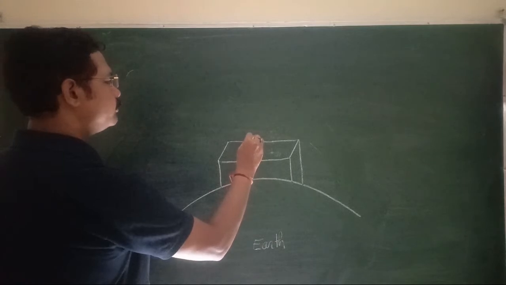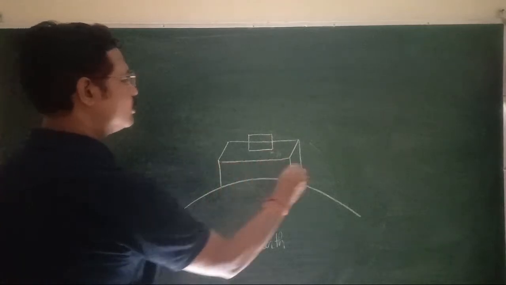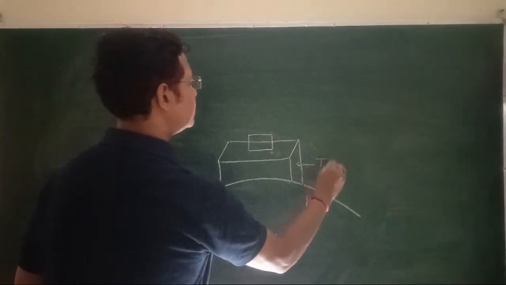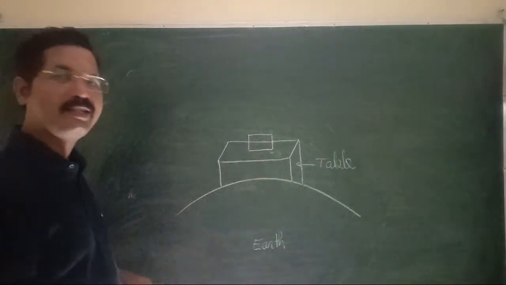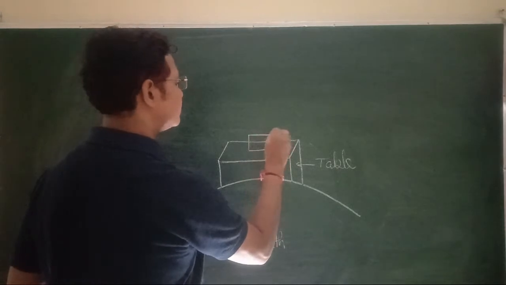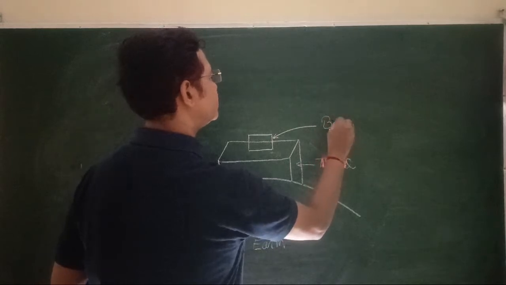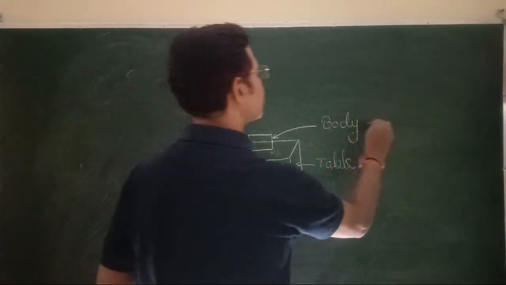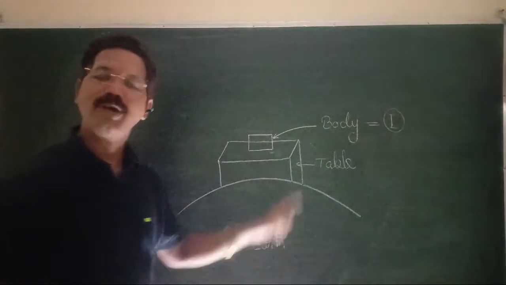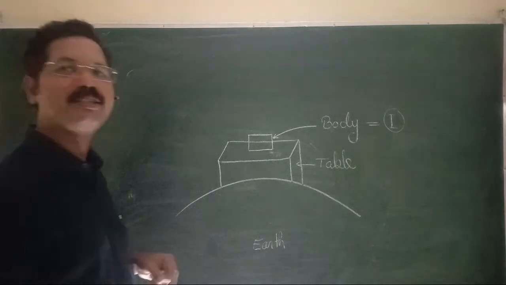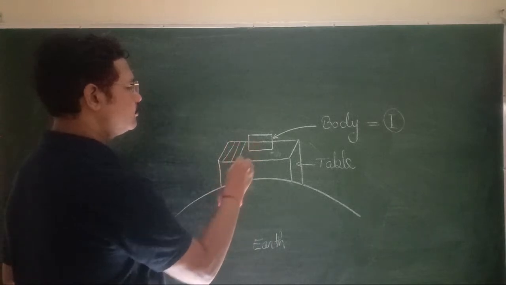This is the table. On the table I am here after the birth. This is a body. You are here on this table after the birth. So this is the surface of the table.